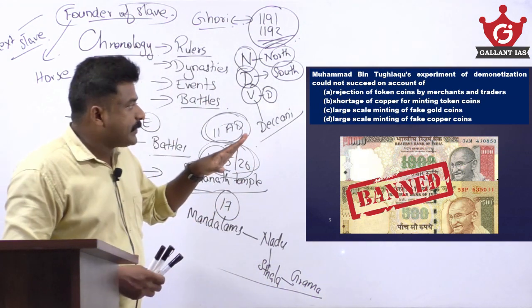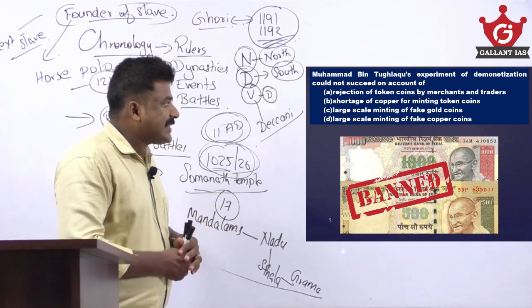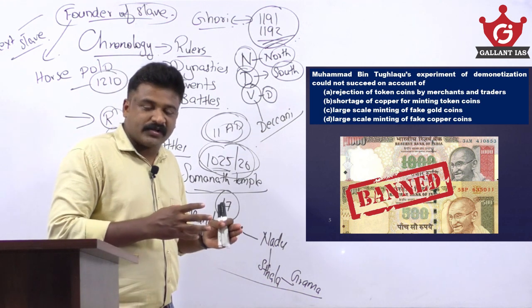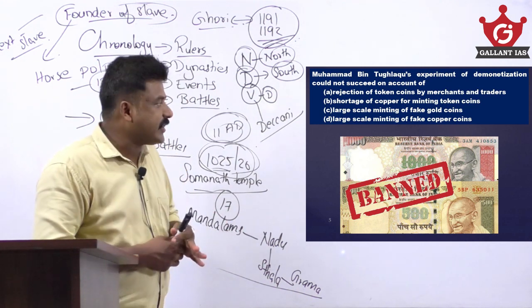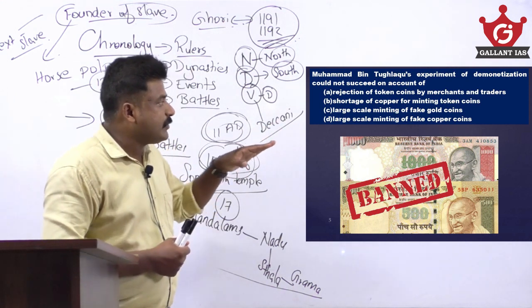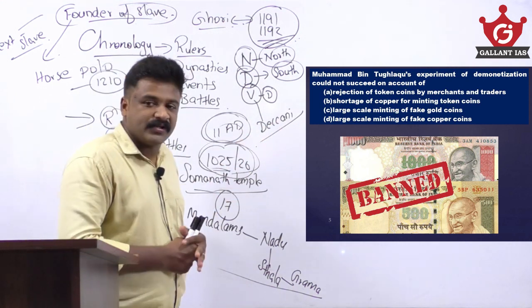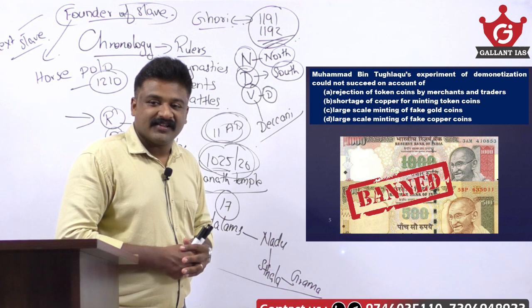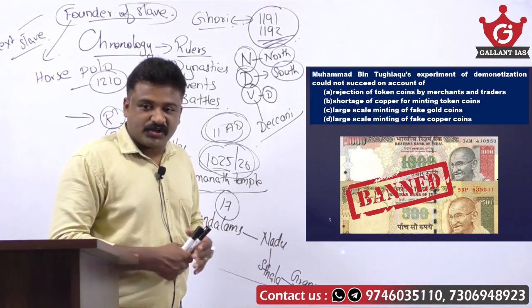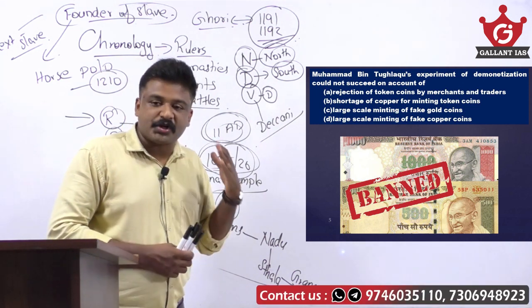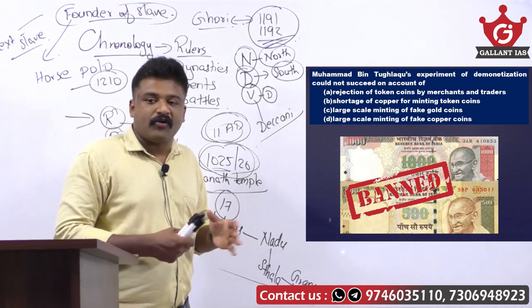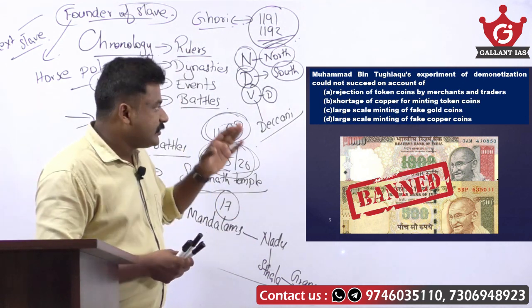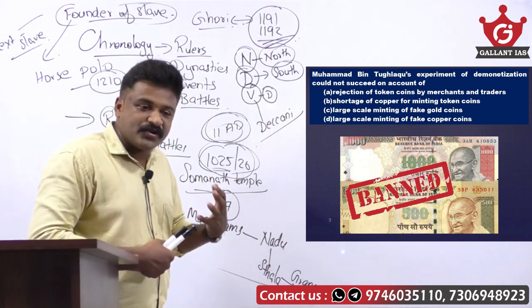Muhammad bin Tughlaq's experiment of demonetization could not succeed. Yes, demonetization is the process of replacing old currency with a new currency. Why could it not succeed? His demonetization in the 14th century AD was due to a worldwide crisis of silver.